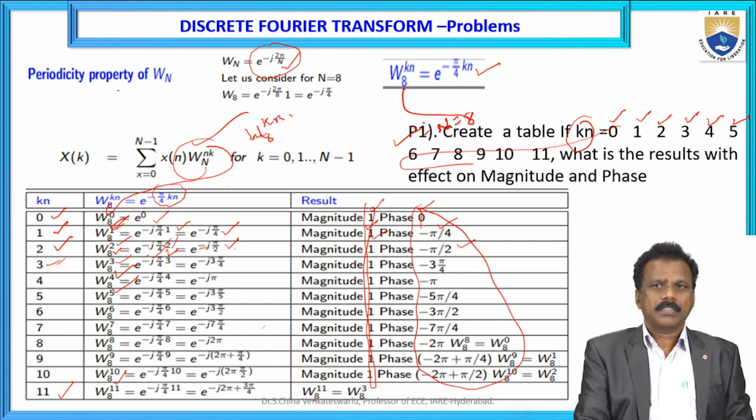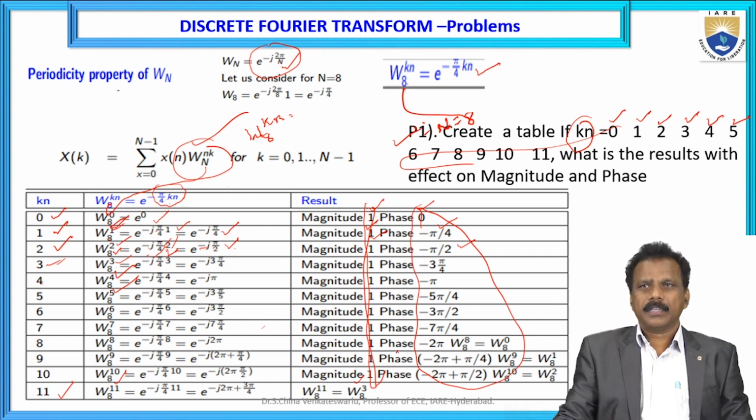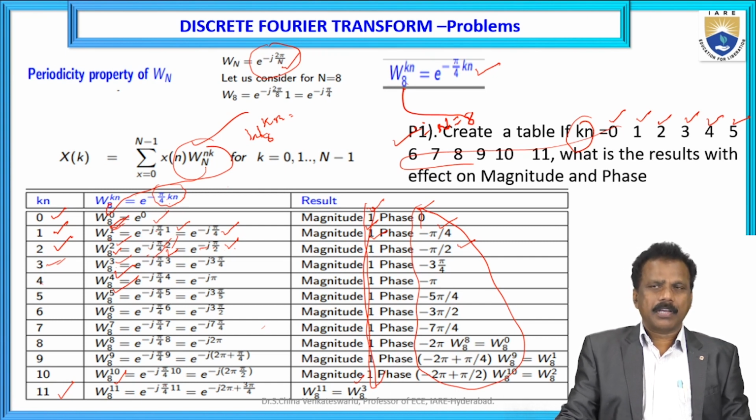That means W_8^11 is W_8^3. Like this, you have to create the table if the kn value is given, and we expect the resultant magnitude and phase values.